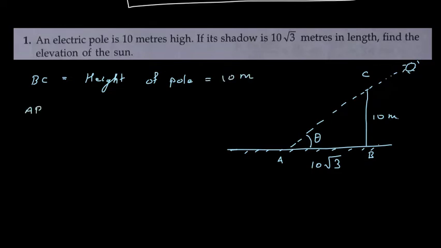AB is length of shadow, which is 10 root 3 meter, and theta is elevation of sun or angle of elevation.